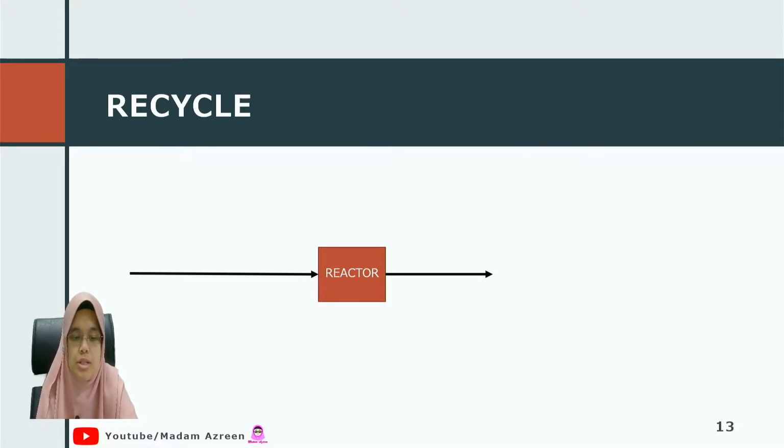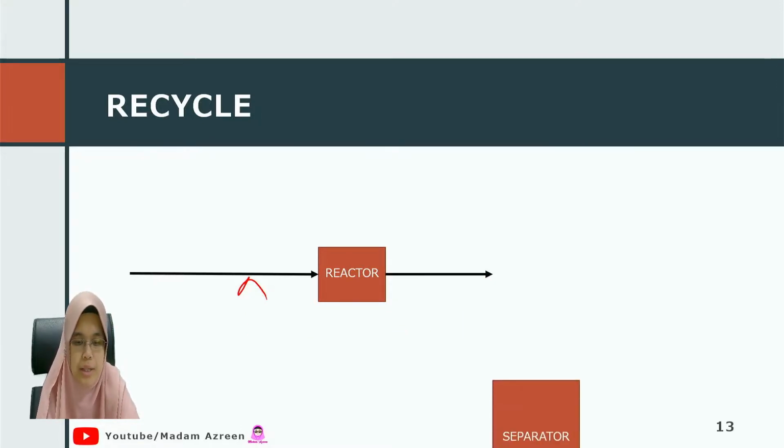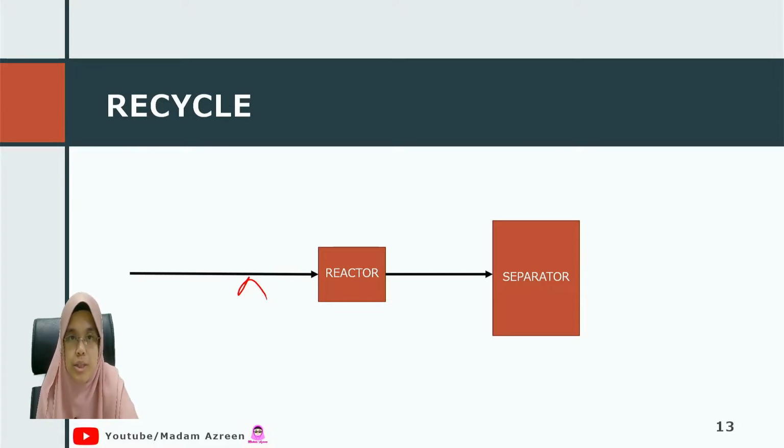We cannot just simply directly recycle it. We have to take the product out. Okay, in order to do that, you will need another equipment named a separator. What is a separator? It is an equipment to do a separation. So here we have a separator to separate.